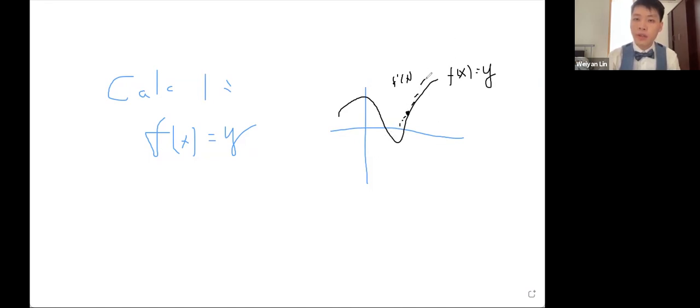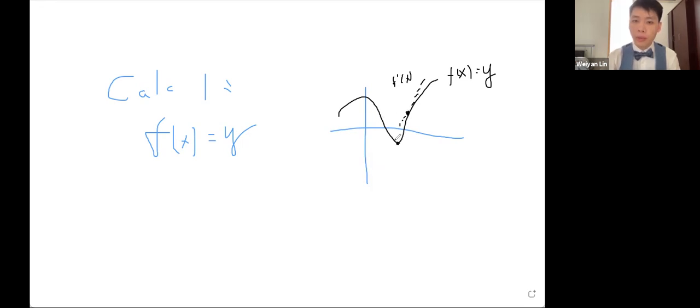After we have the slope and the point, use the slope-point formula to get the formula of the line. So that's how we interpret the geometric meaning of the derivative for a function at a single point, right?